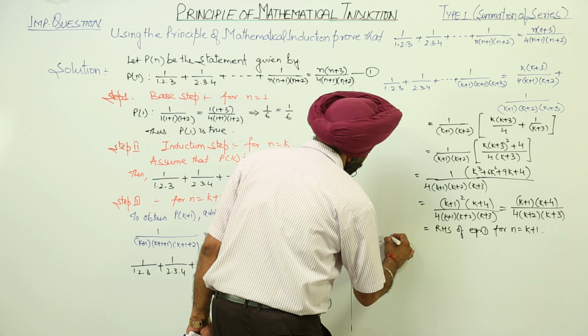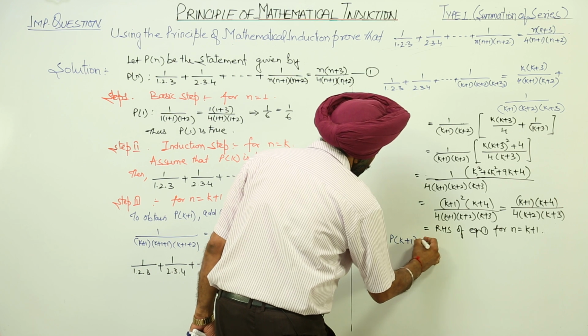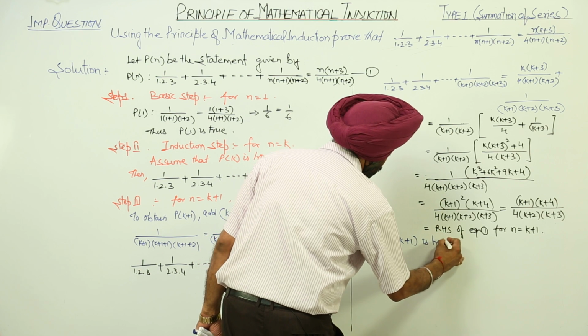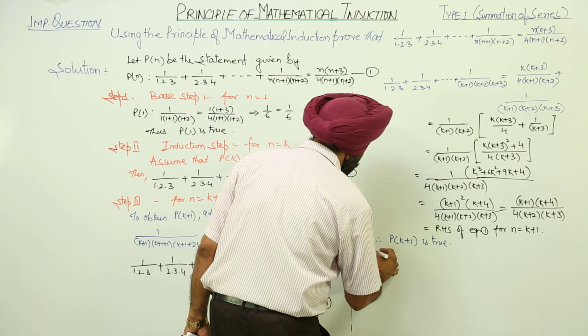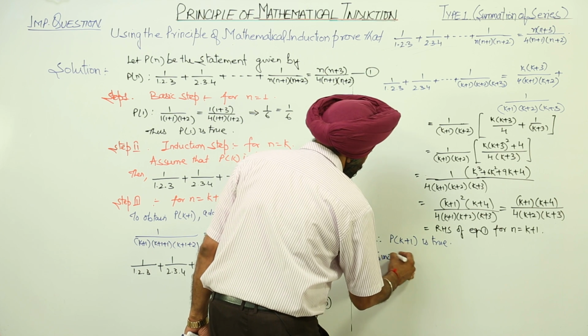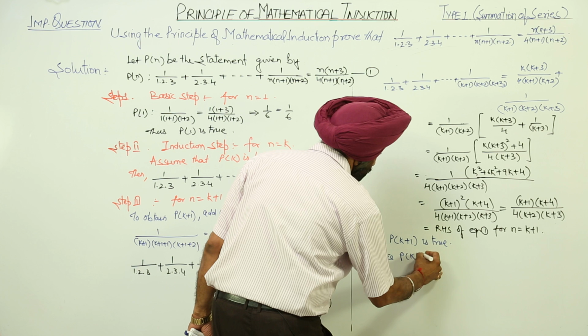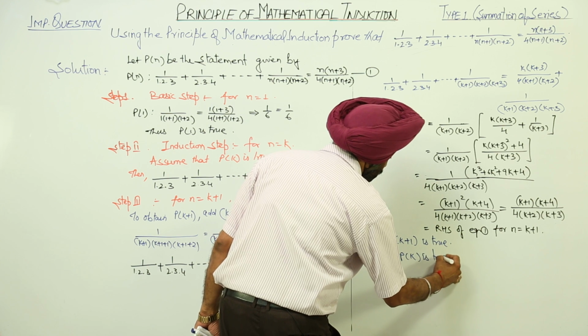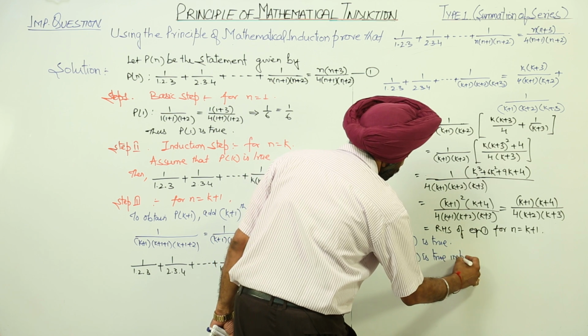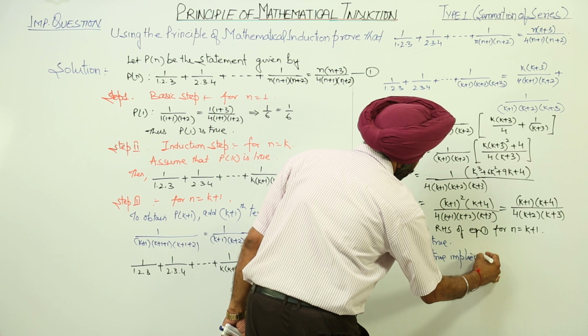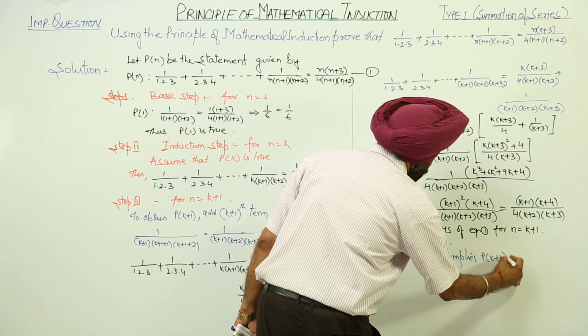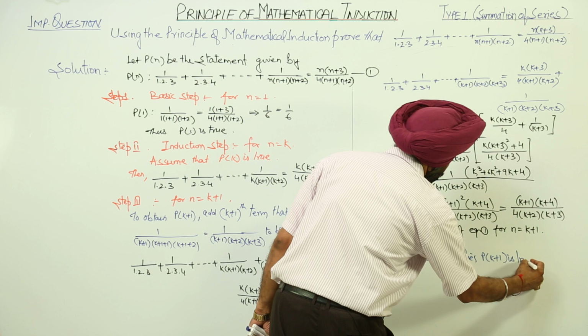Therefore, Pk plus 1 is true. Now, since Pk is true, implies Pk plus 1 is true.